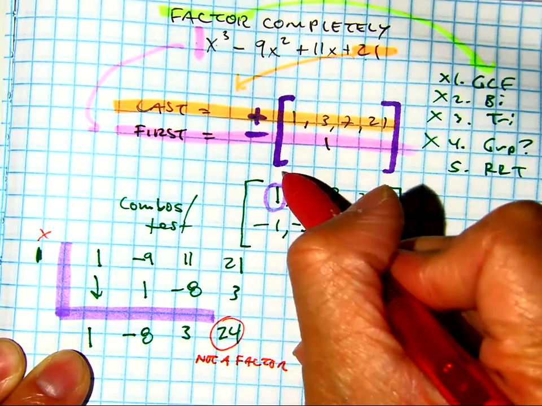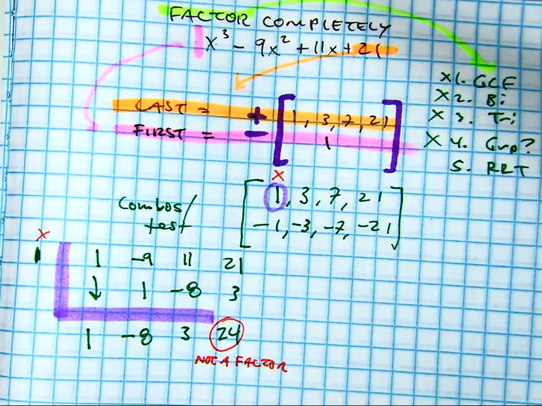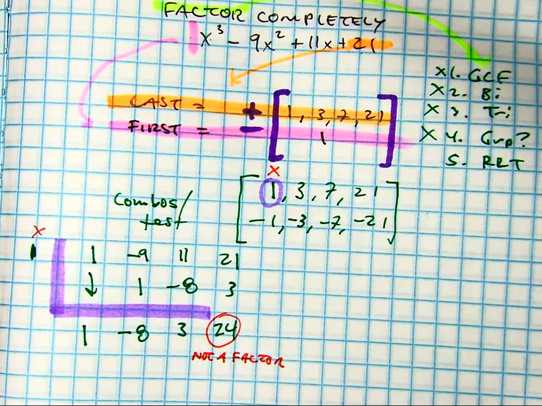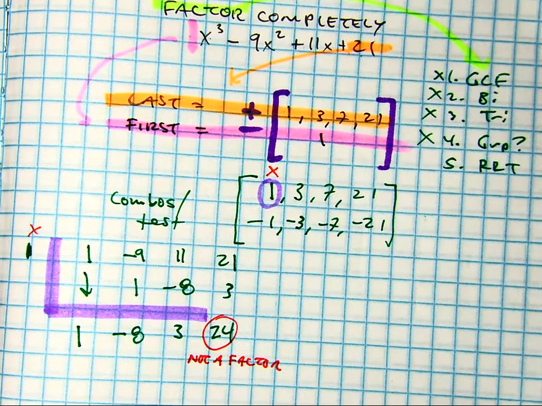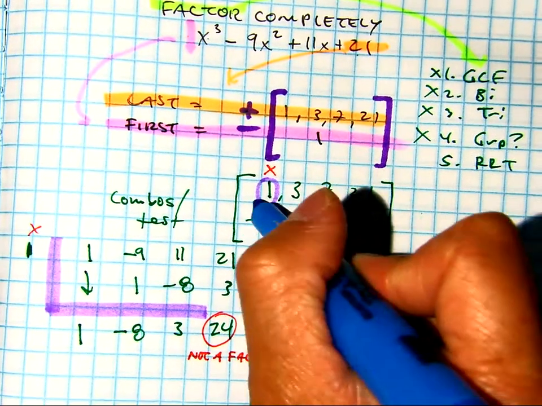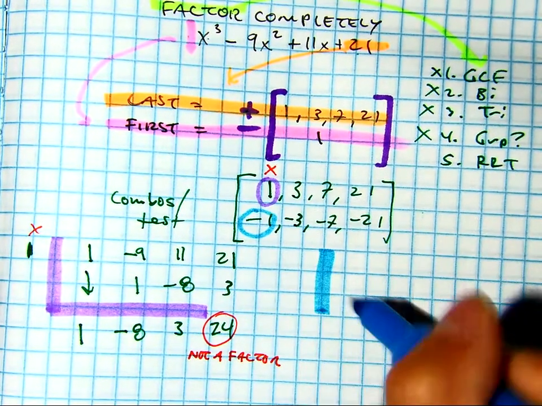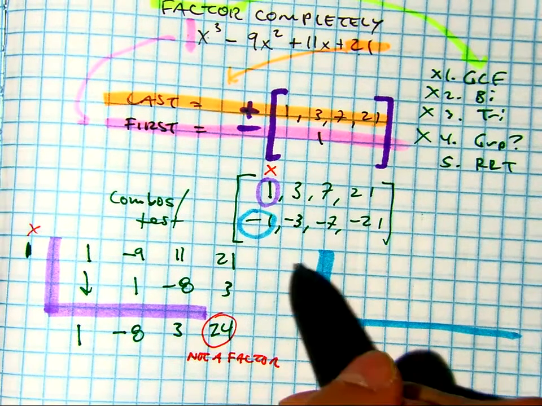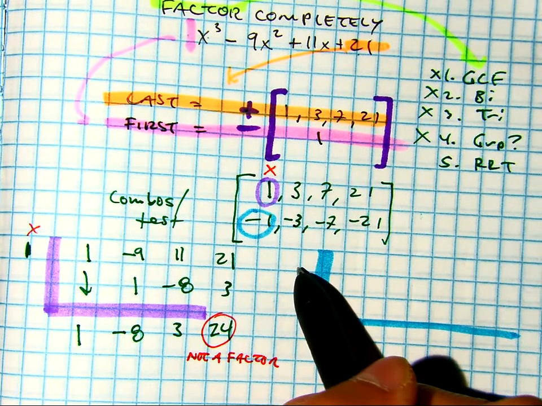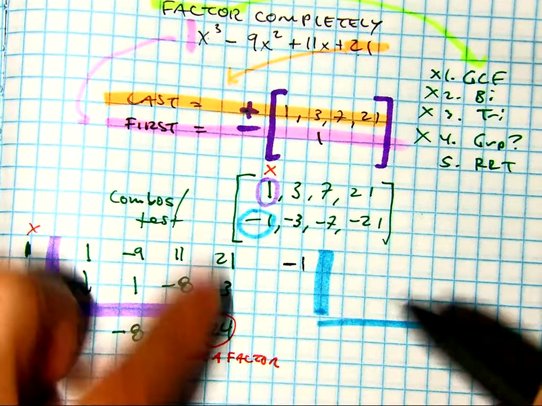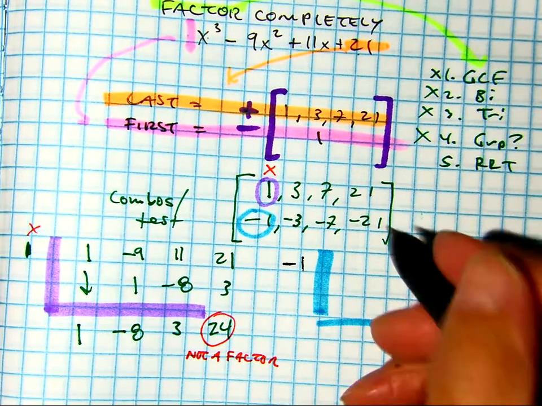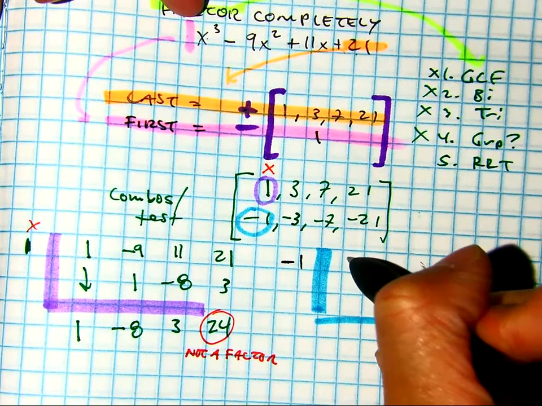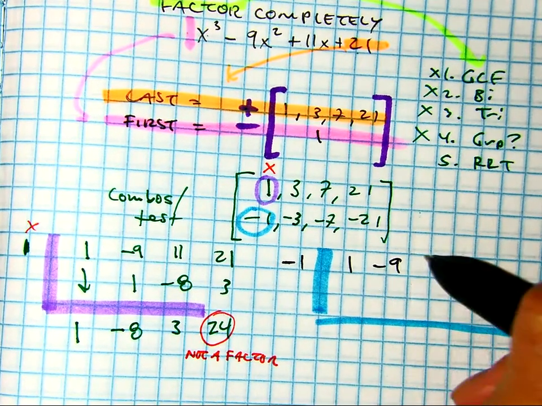Let's test -1. Class, what number do I write here? -1. Coefficients? Bring it down.